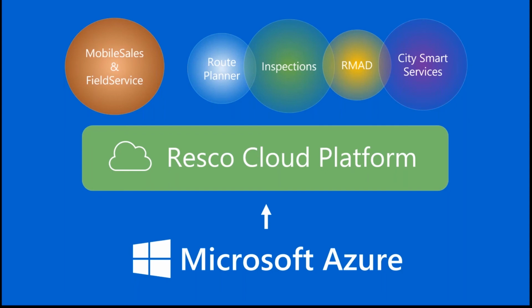So that, in a nutshell, is what Resco can offer and can bring to the table. But today, let's use the additional 20 minutes to go over Resco Mobile CRM, our most successful and most popular solution.